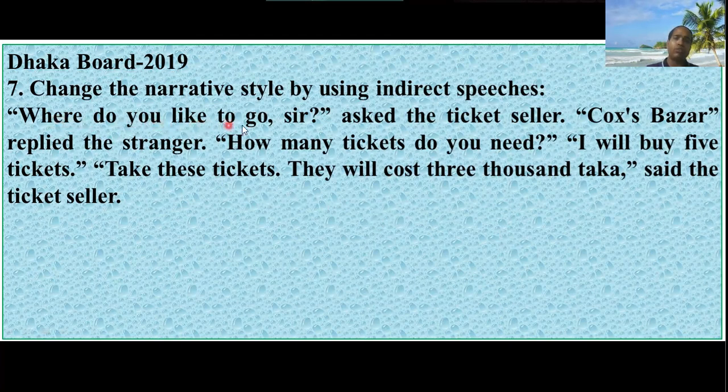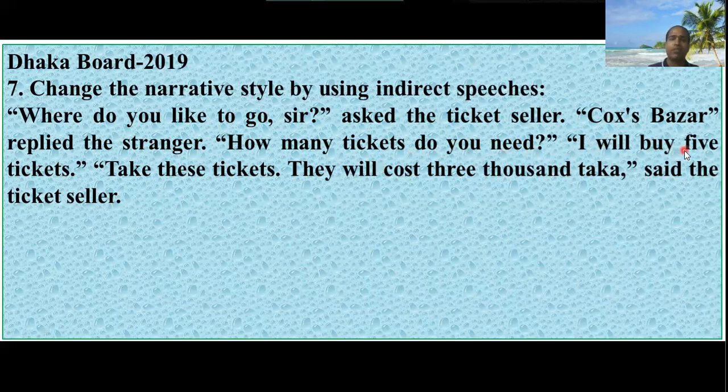Where do you like to go, sir? Asked the ticket seller. টিকিট সেলার জিজ্ঞেস করলো, স্যার আপনি কোথায় যেতে চান? কক্সবাজার, reply the stranger. অপরিচিত লোকটি উত্তর দিল, আমি কক্সবাজার যেতে চাই। How many tickets do you need? আপনার কতগুলো টিকিট দরকার?